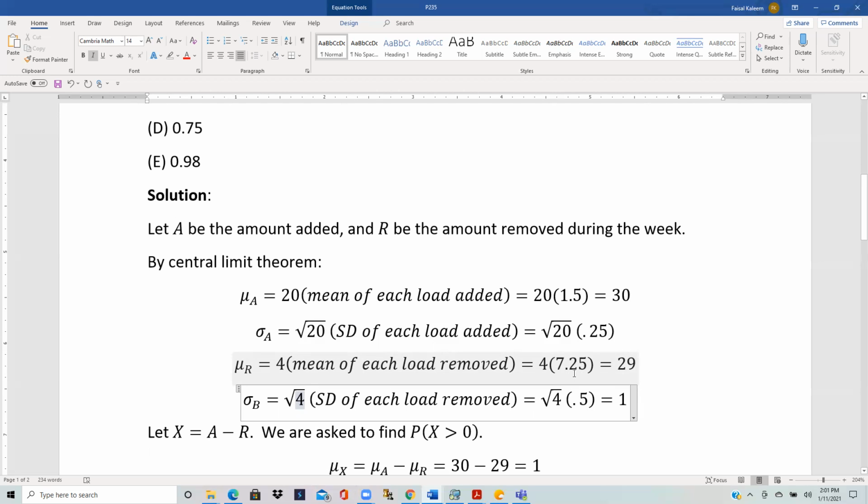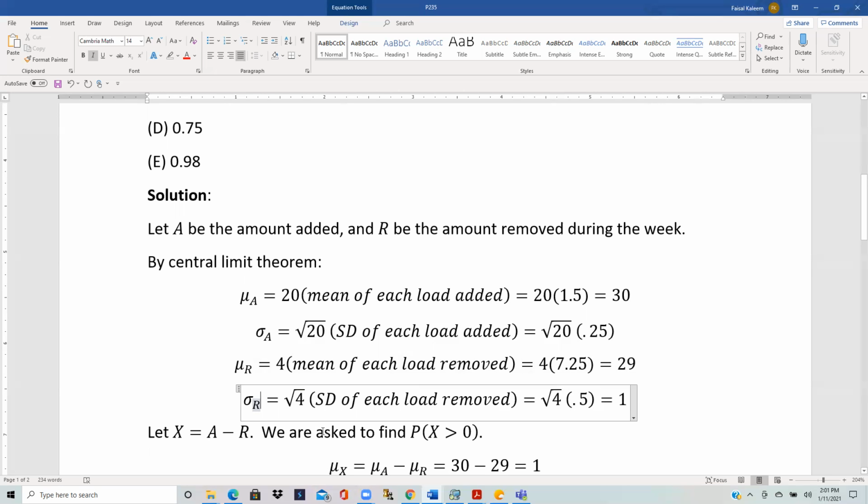That's given in the problem. So that's 29. The standard deviation of R will be the square root of 4, which was the number of loads removed, times the standard deviation of each load removed, so square root of 4 times 0.5, that's 1.